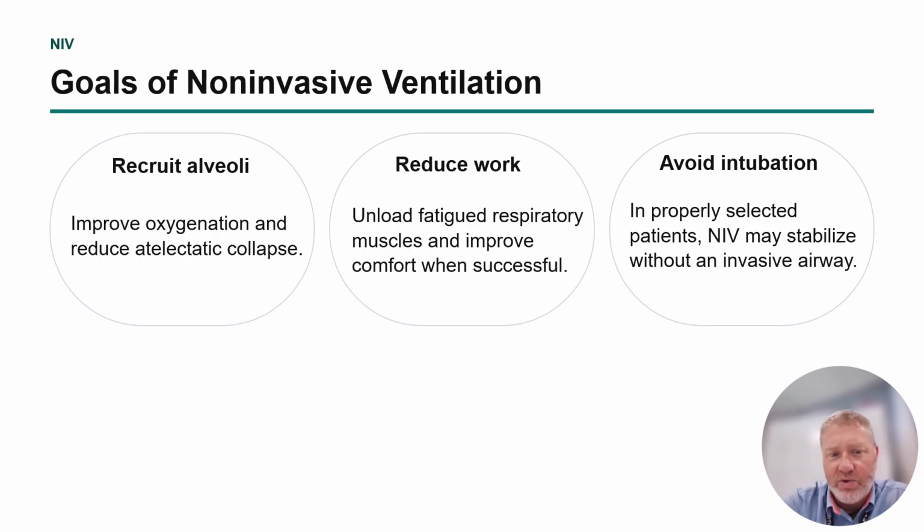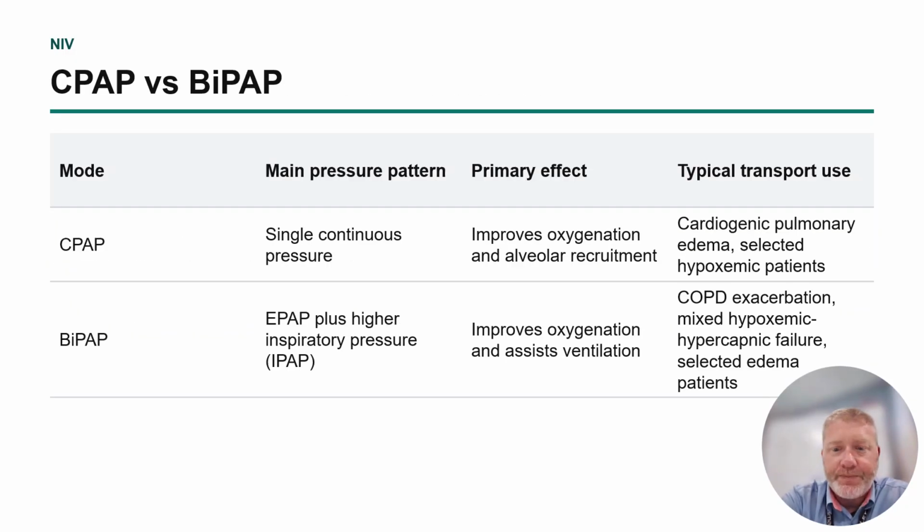Non-invasive ventilation is great for helping patients in respiratory distress who have oxygenation issues as well as ventilation issues. The key takeaway for the two different types of NIV, CPAP versus BiPAP, is that CPAP is a continuous single pressure. CPAP equals PEEP equals EPAP, or expiratory positive airway pressure.